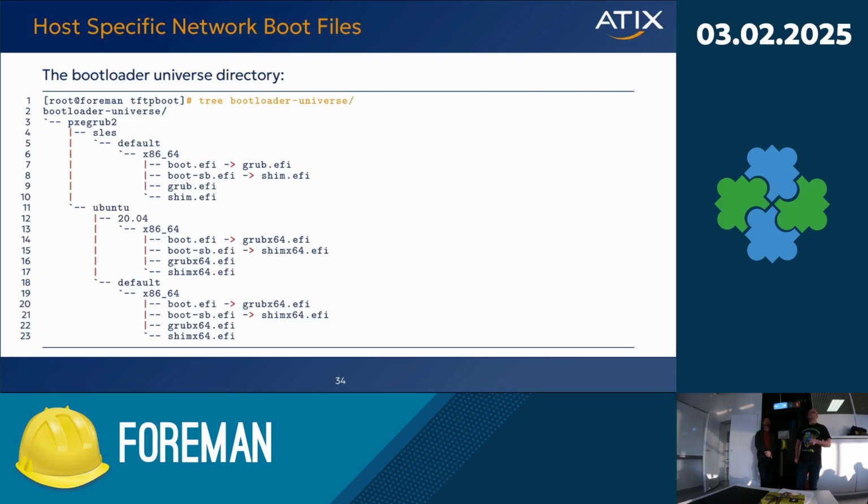Then every host is using this directory if the version doesn't match with the version directory. And what happens? Alma Linux 8.5 hosts cannot boot anymore because there's a shim mismatch.